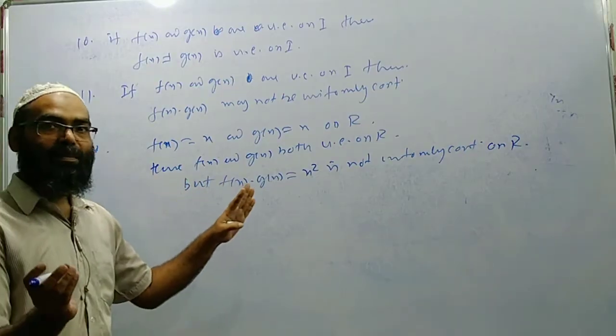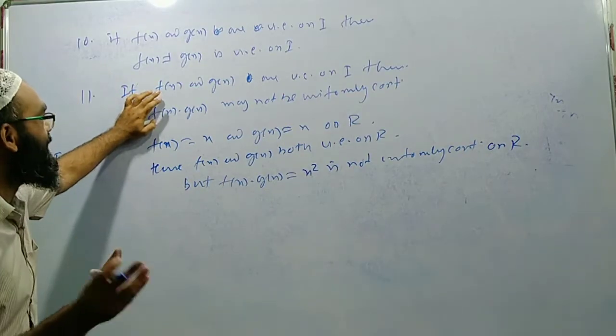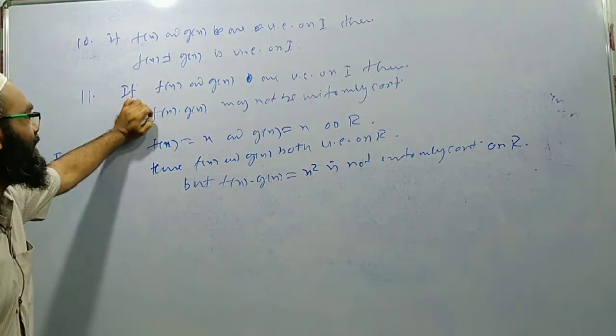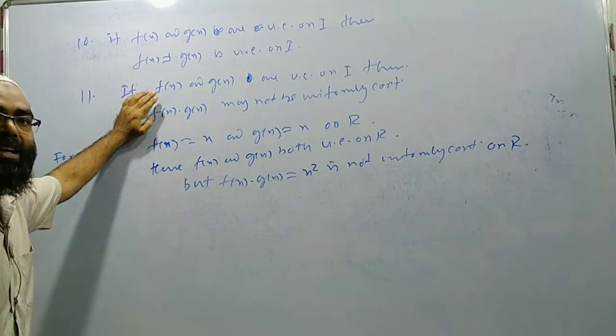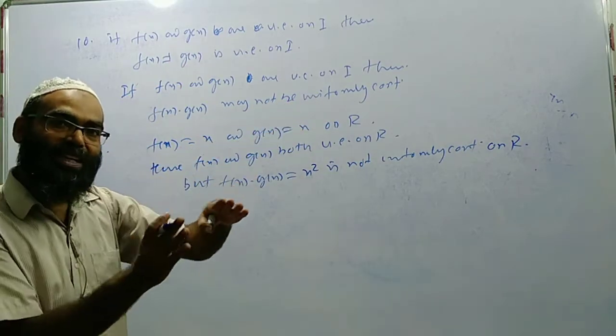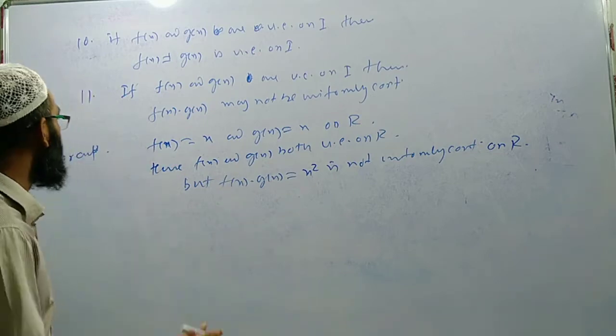But if f(x) and g(x) are both uniformly continuous and both are bounded on I, then the product of the functions becomes uniformly continuous.